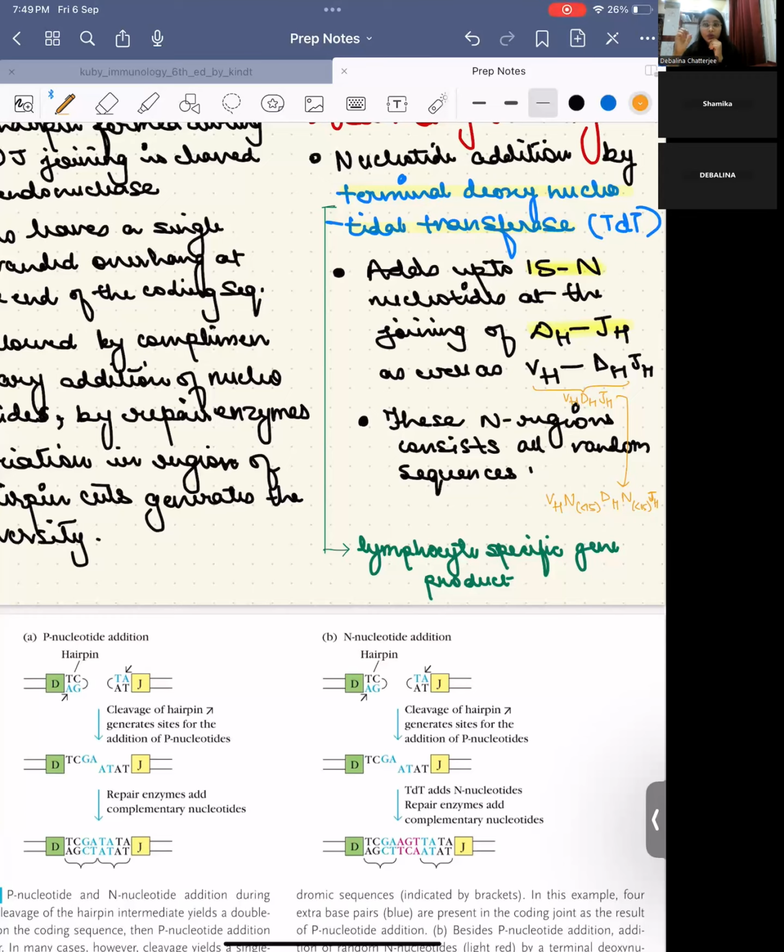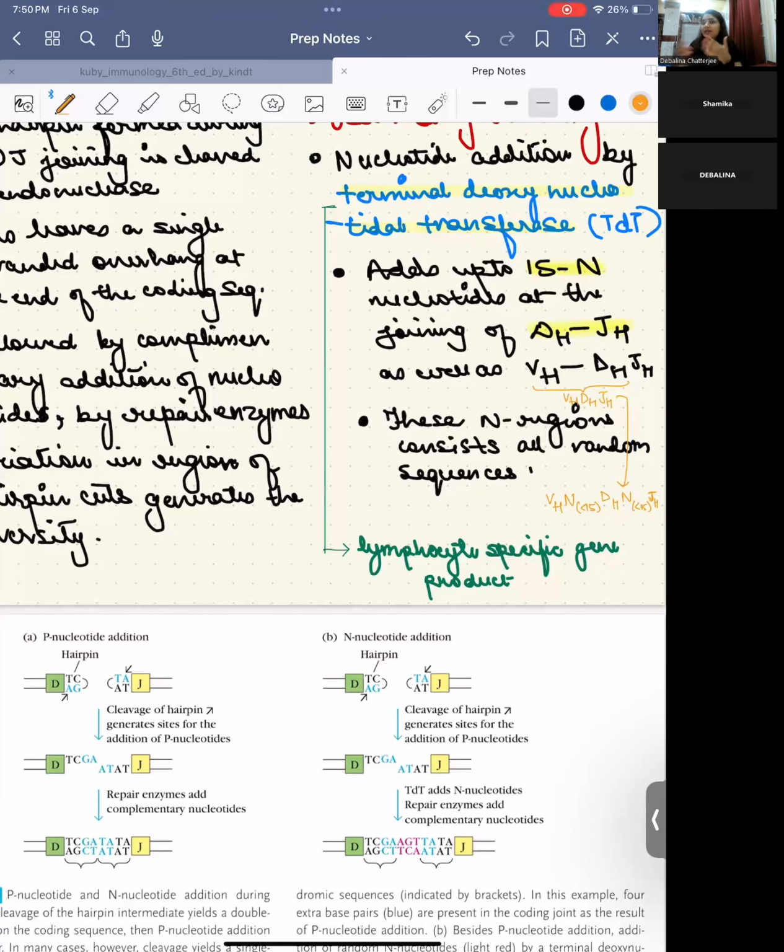It's never that a non-productive combination has happened, the antibody has got secreted and it is a complete waste, because an antibody in its secreted form only comes into the picture when the antigen has bound a B cell with the antibody molecule.